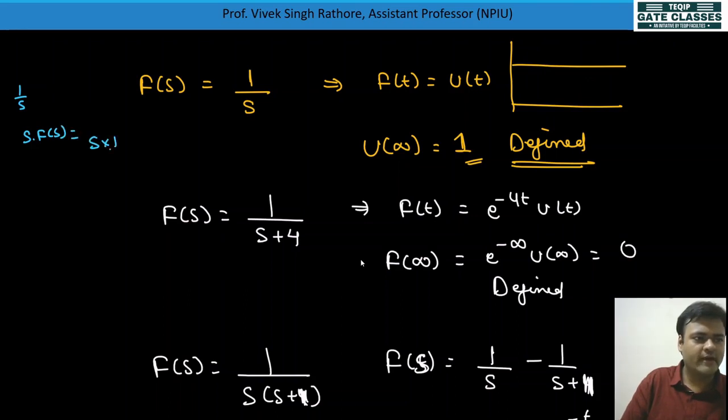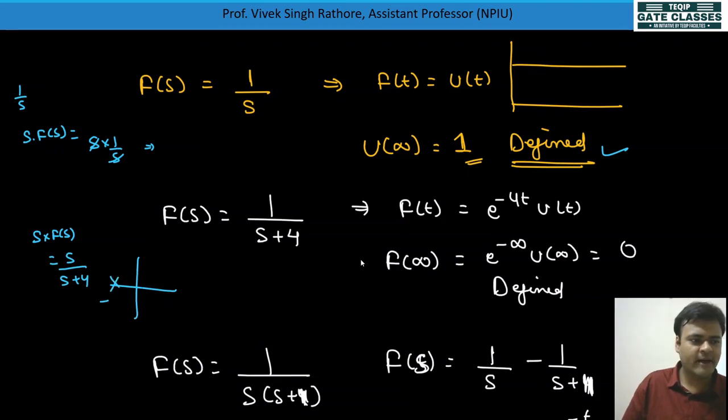S into 1 by s cancels out, so no poles will be there, so the value is defined. For this one, s into f of s gives s by s plus 4, and we see the pole is at minus 4, right?